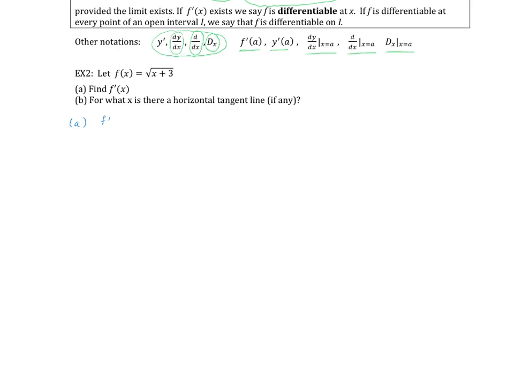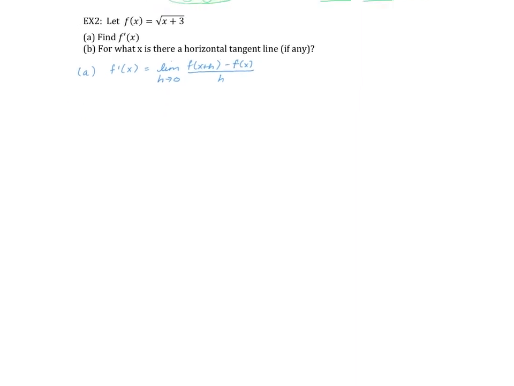So the derivative of f of x is going to be equal to the limit, as h goes to 0, of f of x plus h minus f of x over h, which again is that difference quotient from algebra or pre-calculus. So now it's just a matter of substituting for the f of x and the f of x plus h.